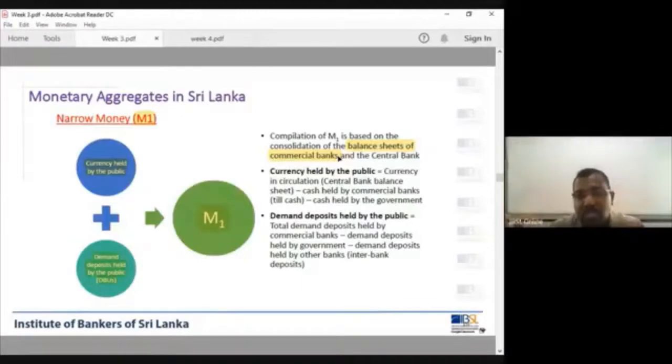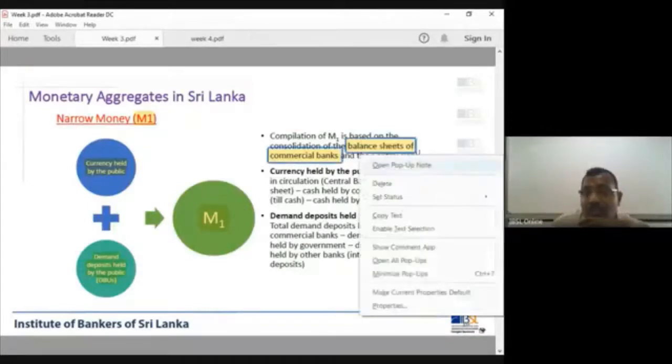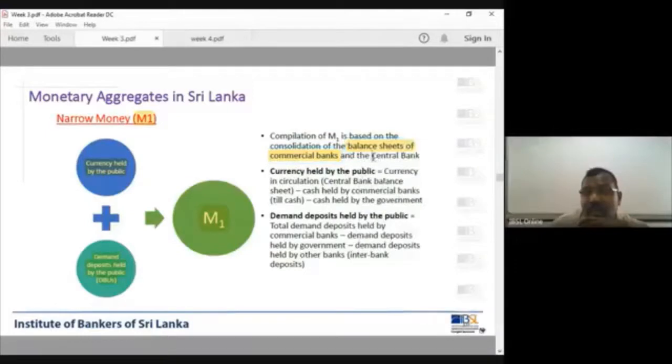So the aggregation of demand deposits is here in the commercial bank balance sheet. And the central bank balance sheet, of course, you have to take again. Why? Because you take the currency component here, right? Currency is also included in this case. So both the central bank balance sheet and the commercial bank balance sheets are considered. Okay. So that's about the definition.